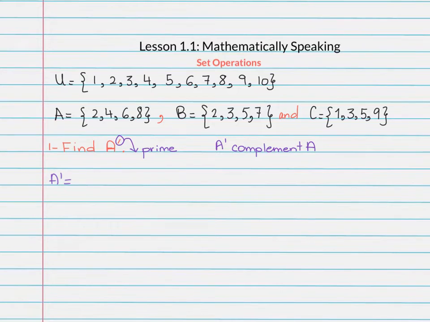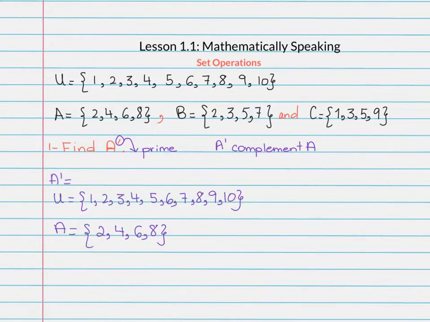First of all, I need you to list down the universal set again, and set A. Now what do we do? We cross out all the elements that are found in A. So 2 is found in A, we cross it from the universal set. 4, we cross it out. 6 as well, and 8.